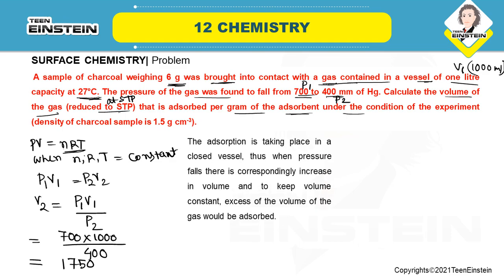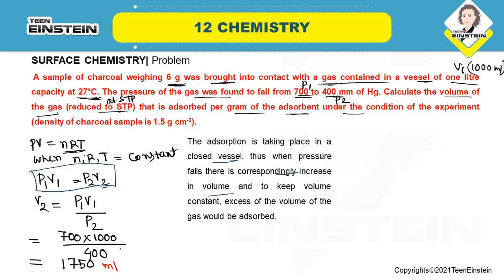So here the volume is in ml. Adsorption is taking place in a closed vessel and the vessel is 1 liter. So when pressure falls, there is a corresponding increase in volume, because from this relation, if pressure is decreasing, the other quantity, that is volume, must be increasing.